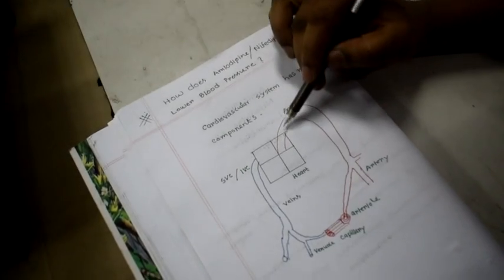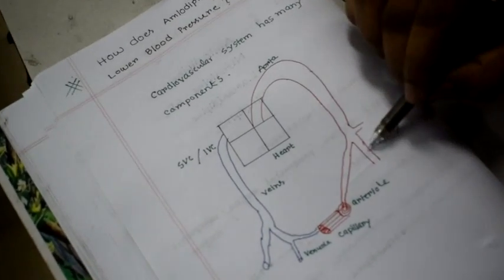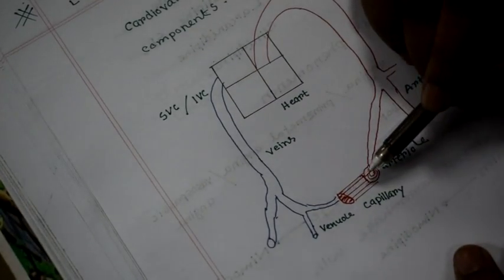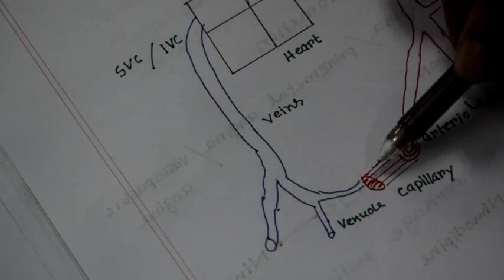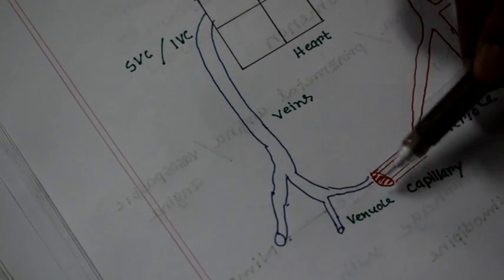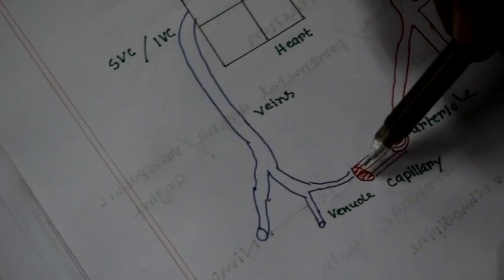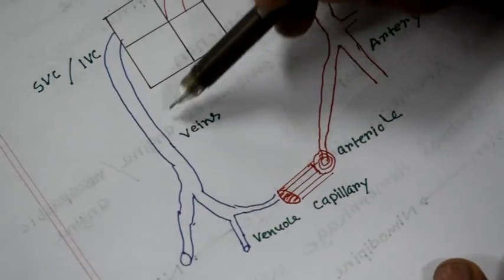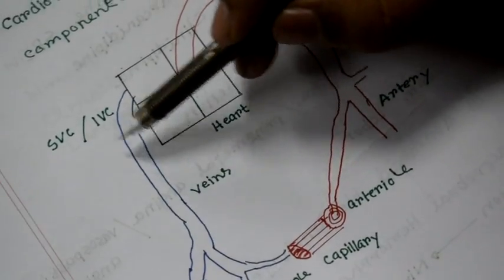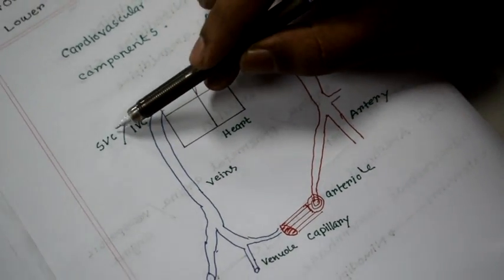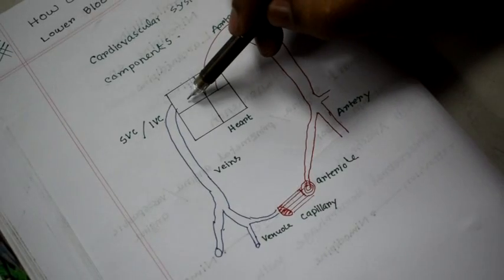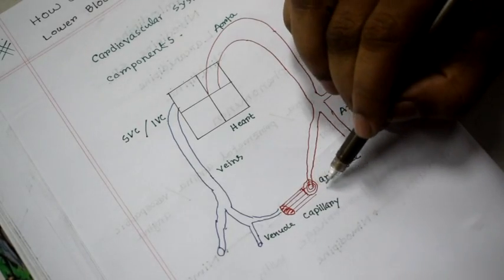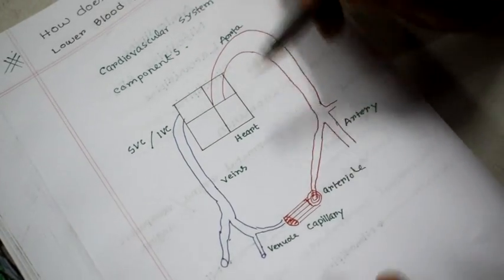This is heart, this is aorta, and aorta branches into many arteries, and arteries branch into many arterioles, and arterioles ultimately branch into tiny vessels called capillaries, and many capillaries join to form venules, and many venules join to form veins, and veins ultimately drain into superior vena cava and inferior vena cava, and superior vena cava and inferior vena cava ultimately drain into the heart. In this total cardiovascular system, we will concentrate only on the arteriole, not any other part, only on the arteriole.